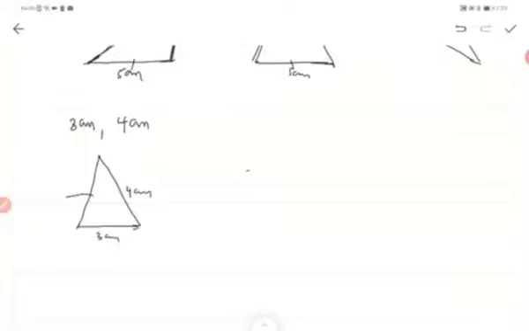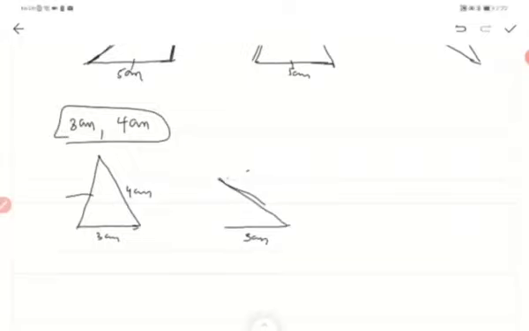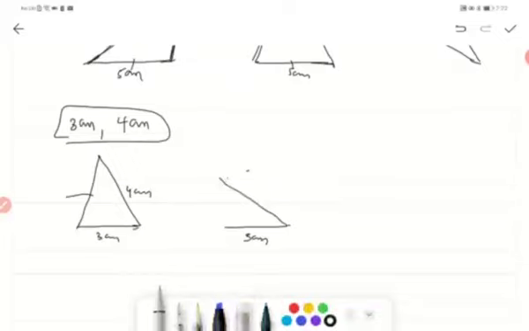If I ask you to draw a triangle, maybe you will again take the base as 3 centimeter and draw a 4 centimeter line like this from here, and this one is unknown, okay.